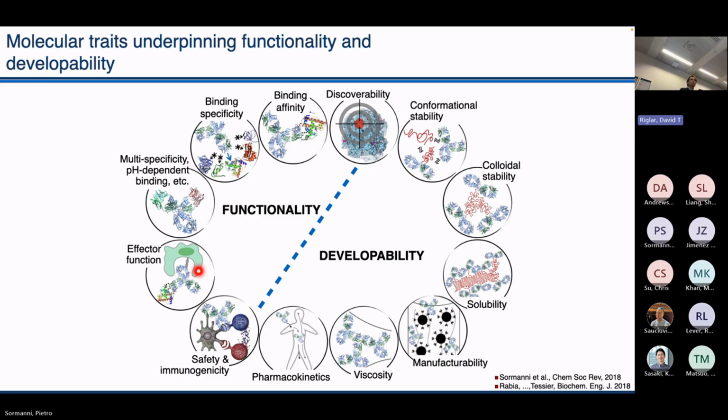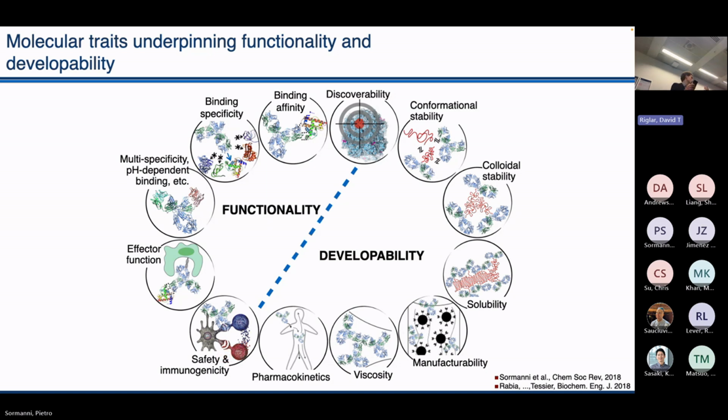And you can also tune the effector function, the Fc region, and you may have other functionality requirements if you want to get fancy, like pH-dependent binding to target a tumor, or sweeping antibodies or multispecificity and so on. And then, of course, there is safety and immunogenicity.